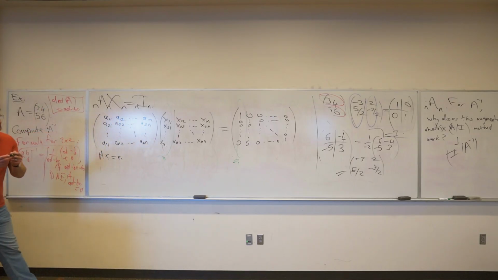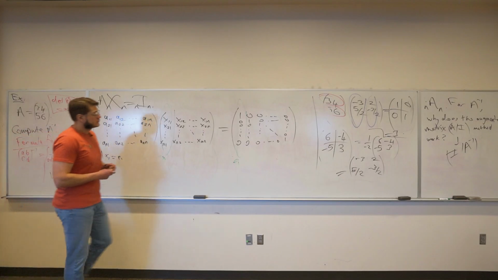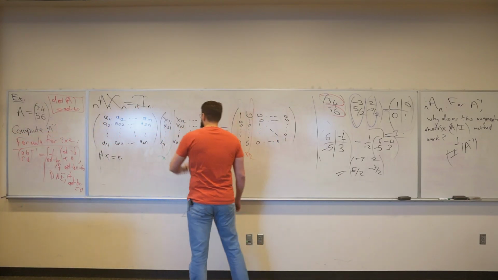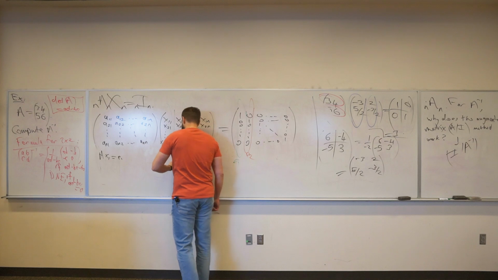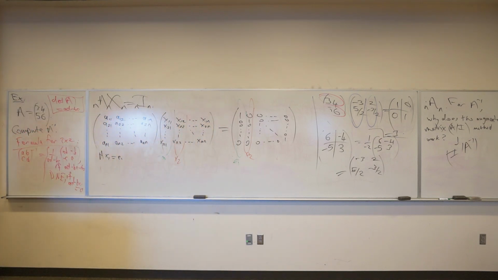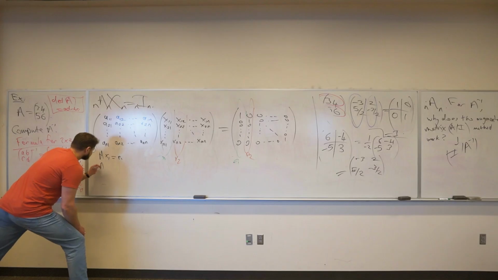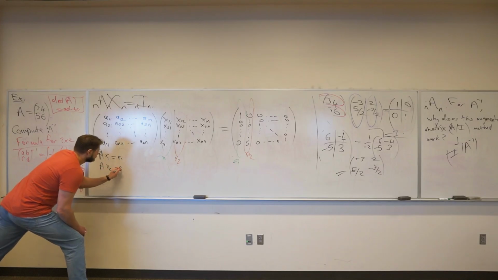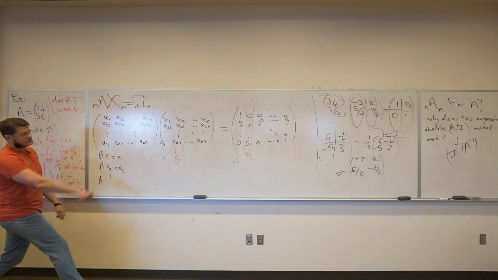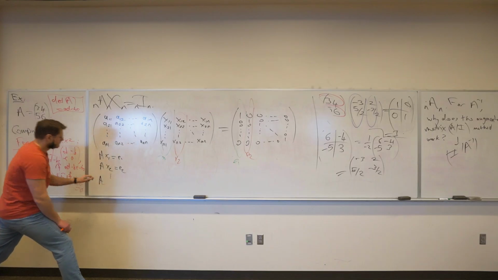And likewise, if I only focus on the second column in the output, that's e2, and that's going to come from the second column of X. And so I'm going to have A times x2 equals e2, dot, dot, dot. This works for each of these columns in the output.